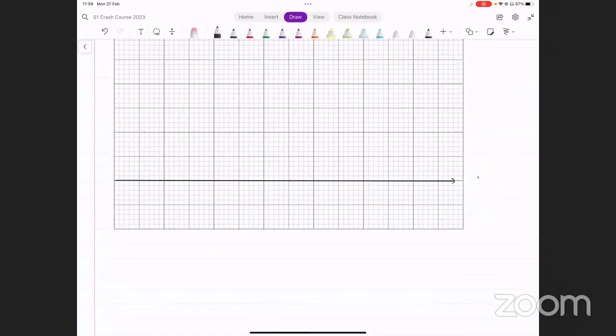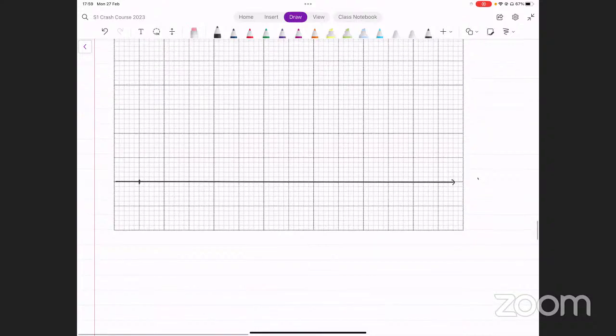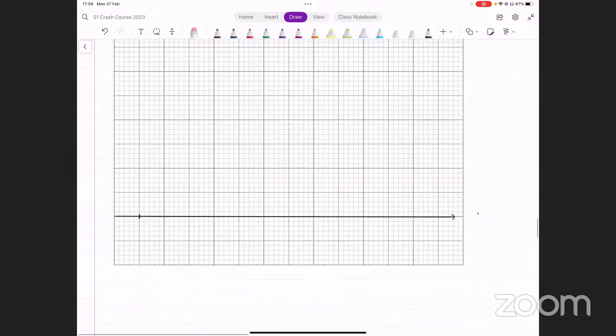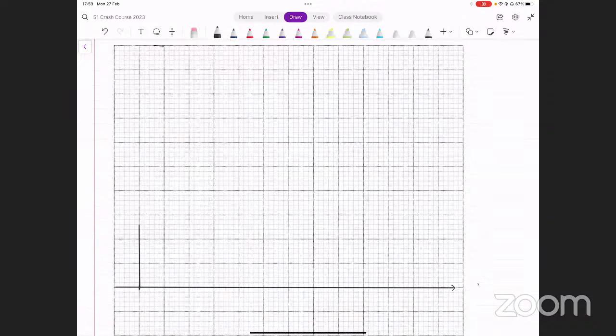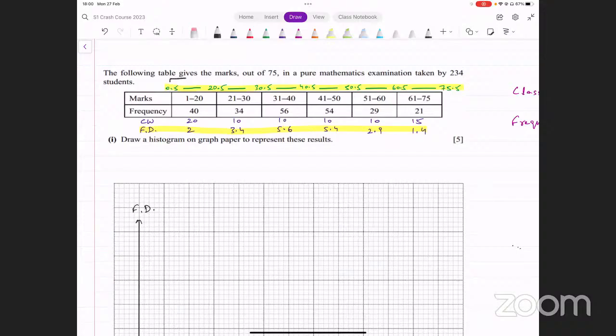Let's say I start from here. Let me draw a vertical axis here. From 0.5 to 20.5, and then 20.5 to 30.5. Rather than starting from 0, it's a good idea to start from 0.5.